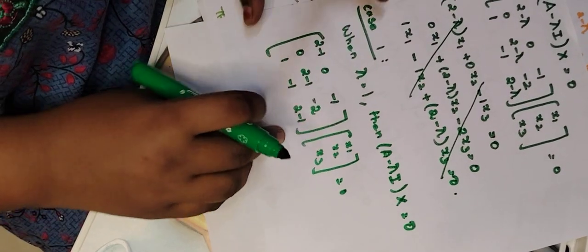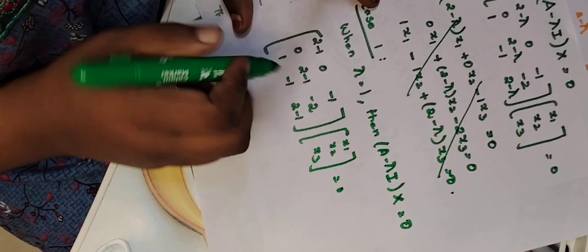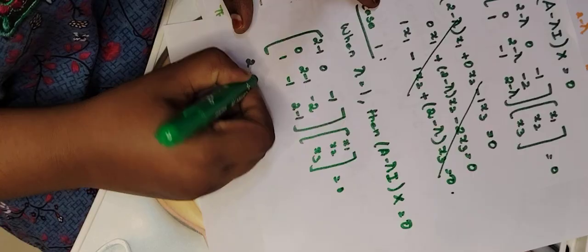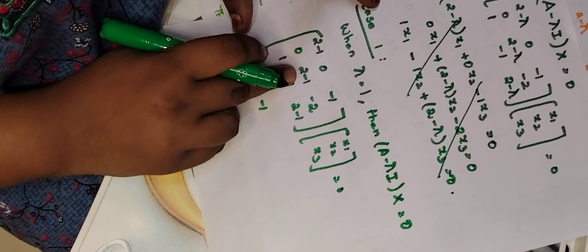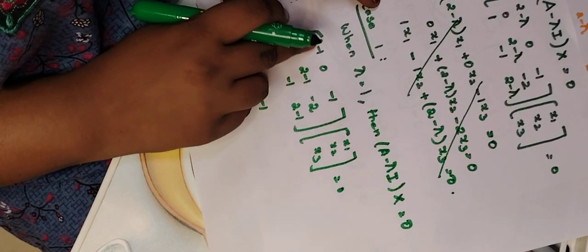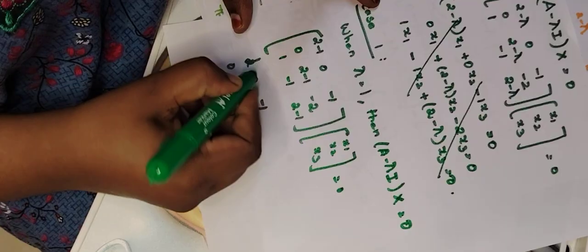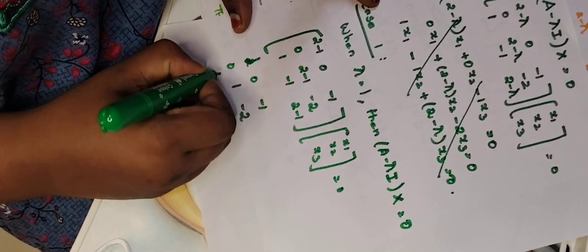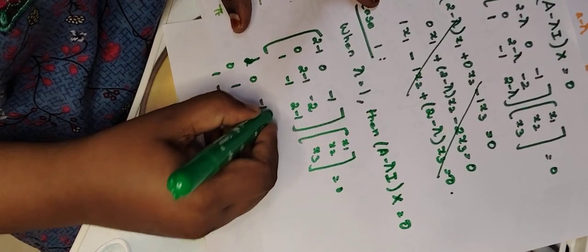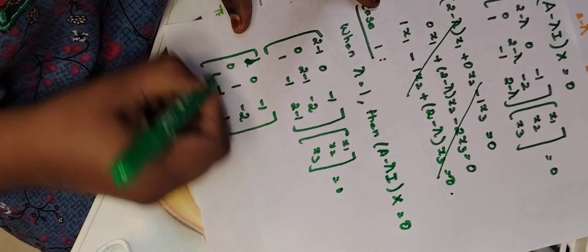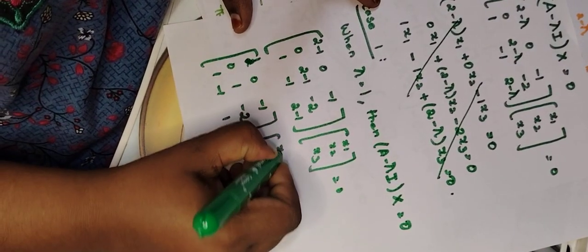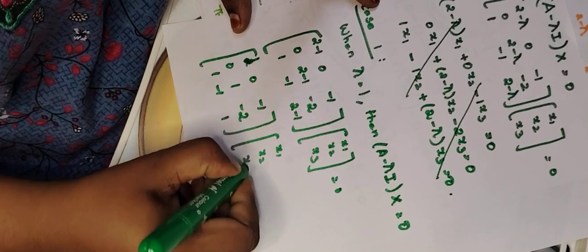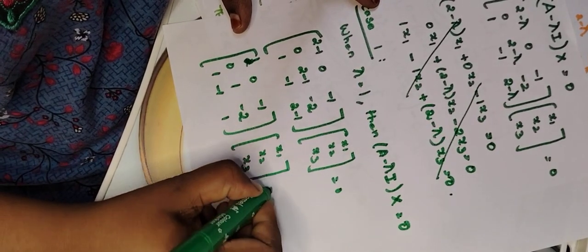And then first find this value. 2 minus 1 is 1, so 1, 0, minus 1, 0. 2 minus 1 is 1. 2 minus 1 is 1. Then 1, minus 2, 1, minus 1, 2 minus 1 is 1, into the value x1, x2, x3. So this is equal to 0.